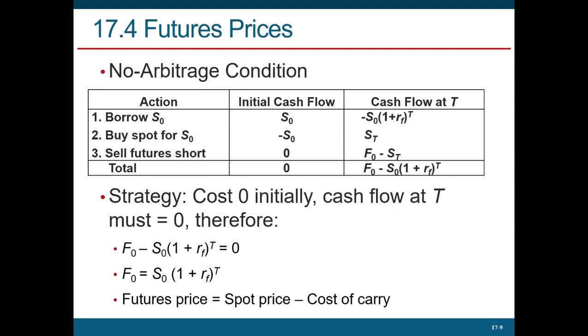Let's say the total cost for you to carry a certain asset is R, which is the interest, right? And let's say this is a financial asset. You do not need to spend any money on storage. The only cost is interest, and assuming there's no convenience yield, the total cost is this RF, right?